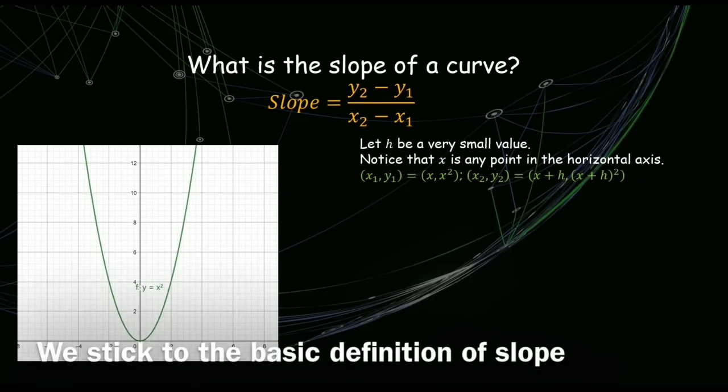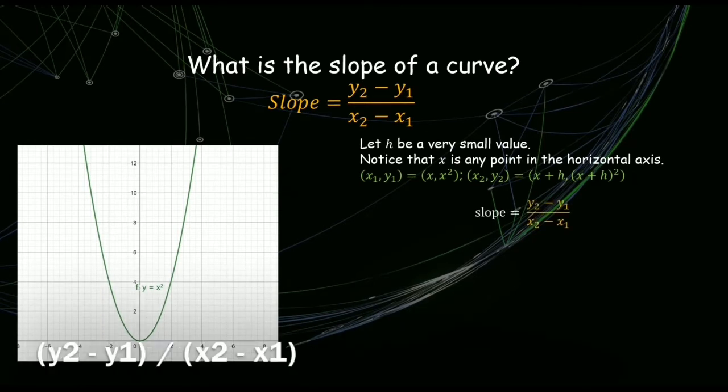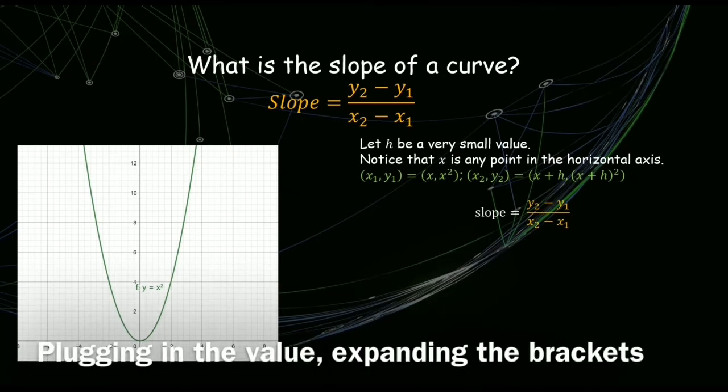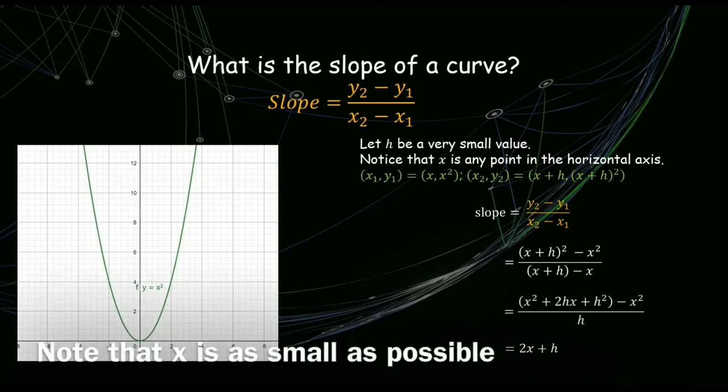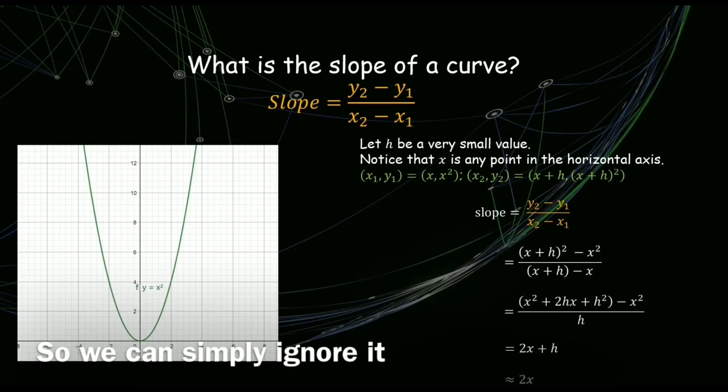We stick to the basic definition of slope, y2 minus y1 over x2 minus x1. Plugging in the values, expanding the brackets, and simplifying the expression, we will have 2x plus h. Note that h is as small as possible, so we can simply ignore it. So the slope of the curve is 2x.